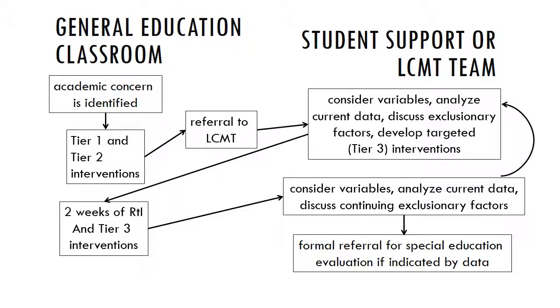A formal referral for special education evaluation is made if a student fails to respond to the interventions and subsequent interventions, probably 2 subsequent interventions, or if a student is not making progress in the grade level and the team feels that it is appropriate to make a referral for special education evaluation. The process is a little bit different if the parent makes the referral. See the PI site for additional information.